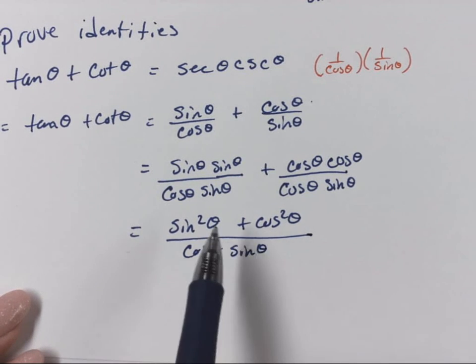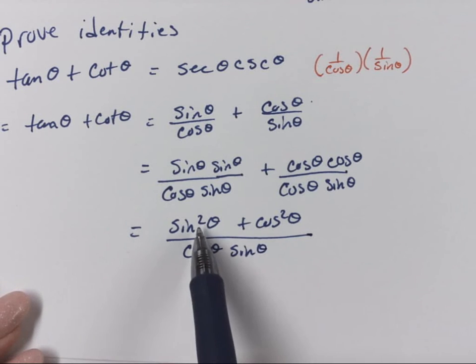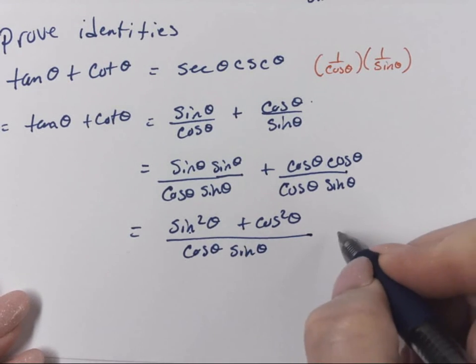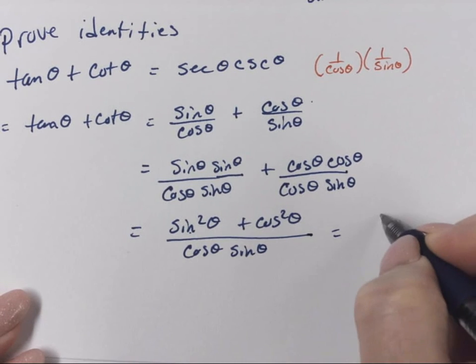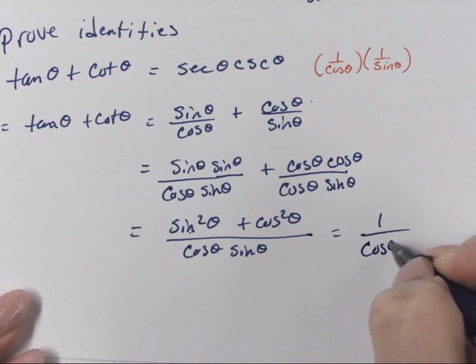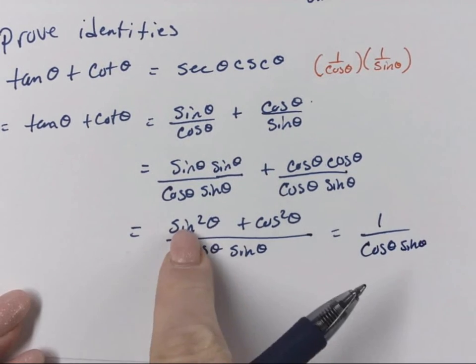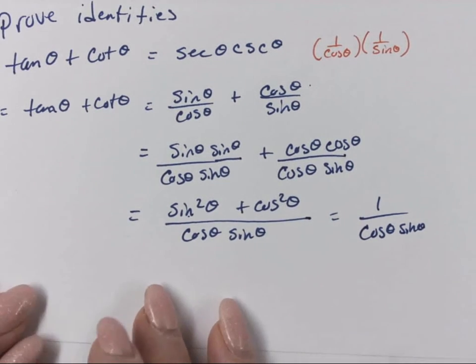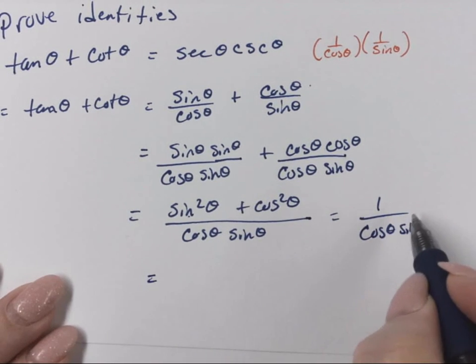So we'd have 1 over cosine theta times 1 over sine theta, and that will equal secant theta times cosecant theta, which equals our right-hand side. So like I said, when we are doing the proving identities, sometimes it's easier because we know where we're trying to get to than when we're trying to simplify expressions.